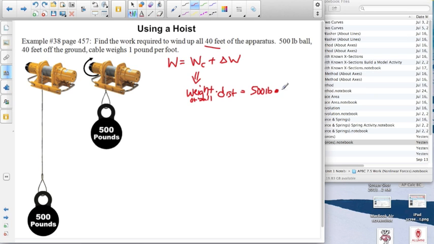So we're going to wind up all 40 feet of cable. So the constant portion then is 20,000 foot-pounds.